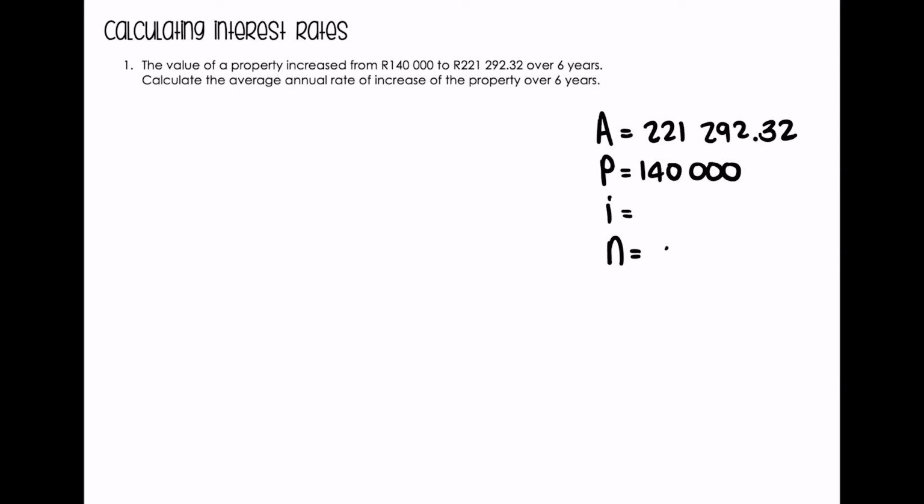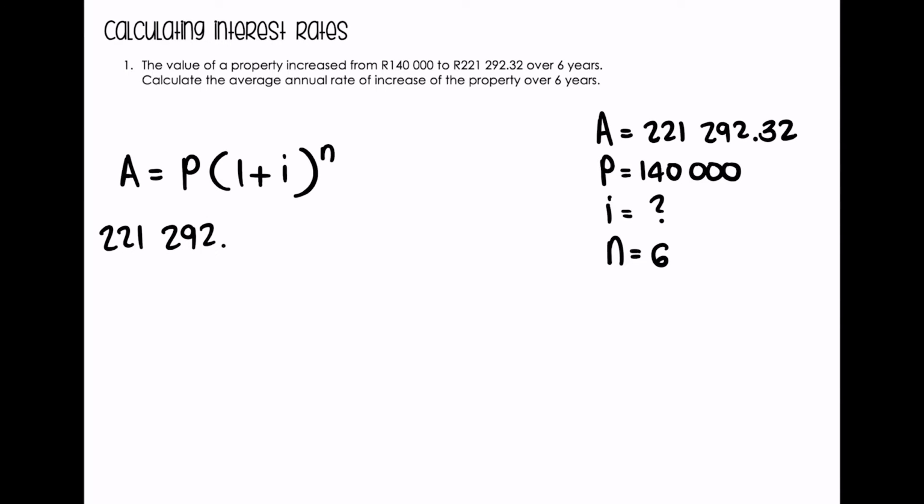The number of years it took to increase was 6, and we want to calculate our I. All right, so we have A equals P, open brackets, 1 plus I raised to the power of n, because we're using compound interest. So now we simply substitute. 221,292.32 is equal to the starting amount, which is 140,000, into 1 plus I, which is what I'm looking for, raised to the power of 6.